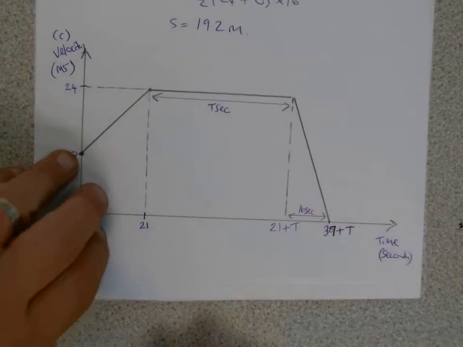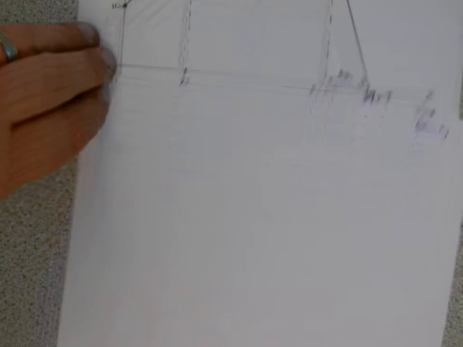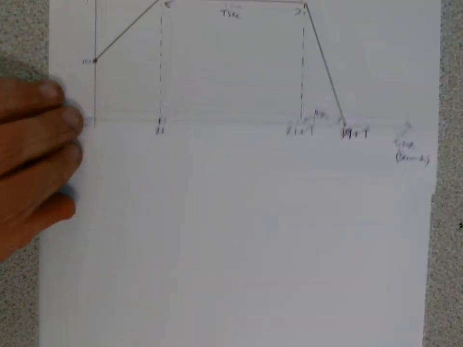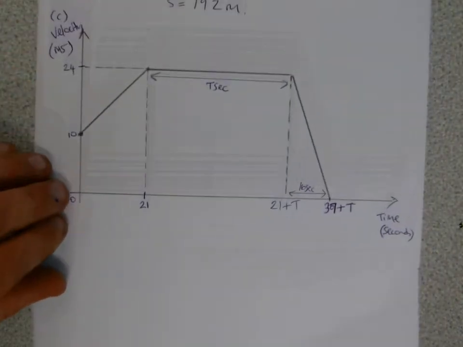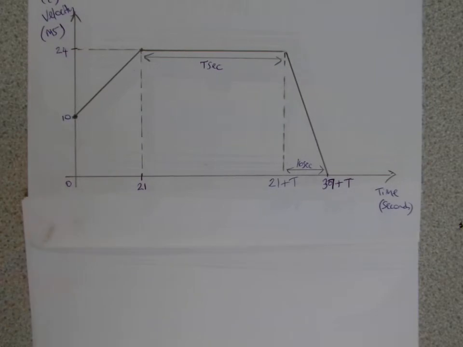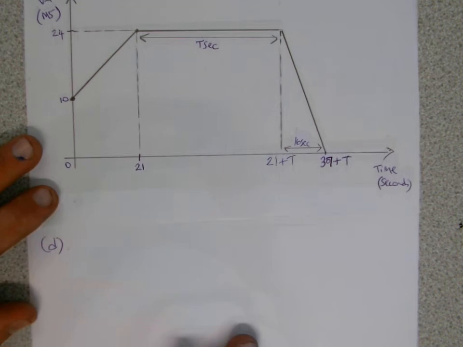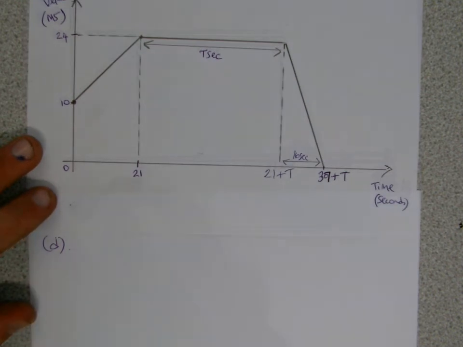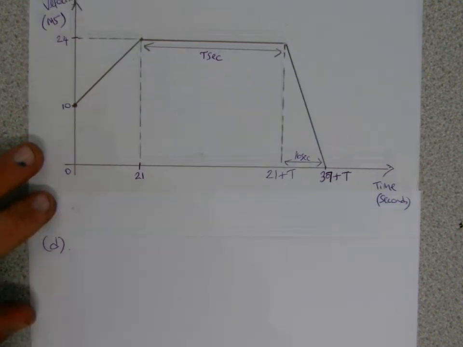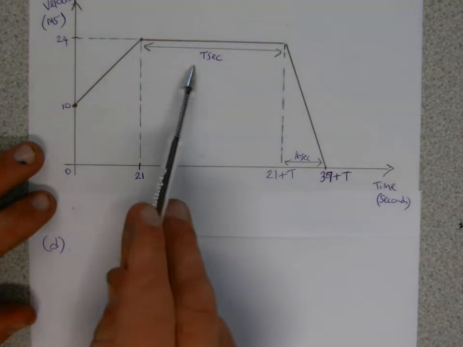So part D then, part D uses part C. We're going to calculate now the distance, given that the distance between A and B is 15,000 meters, it says in part D, we've got to find the value of t, so we need to work out what t is here.